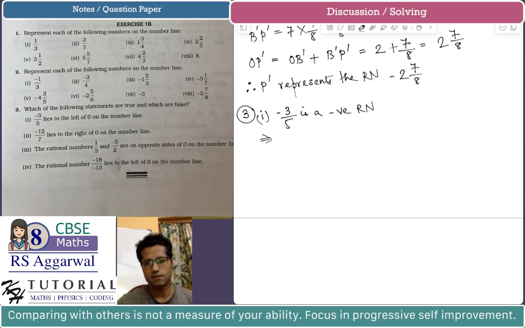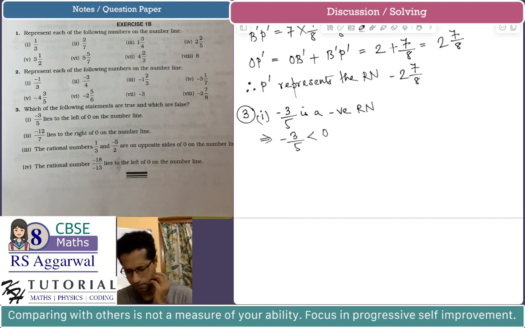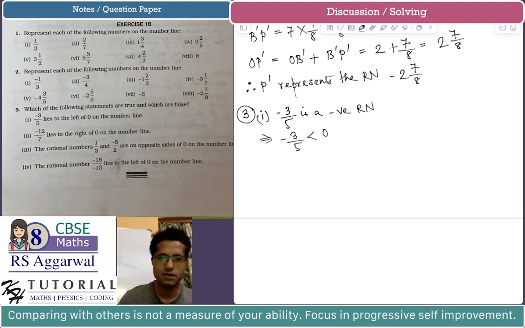This implies minus 3 by 5 will be less than 0. We have learned in part 4 that all positive rational numbers are greater than 0 and all negative rational numbers are less than 0. So minus 3 by 5 is a negative rational number, so it will be less than 0.